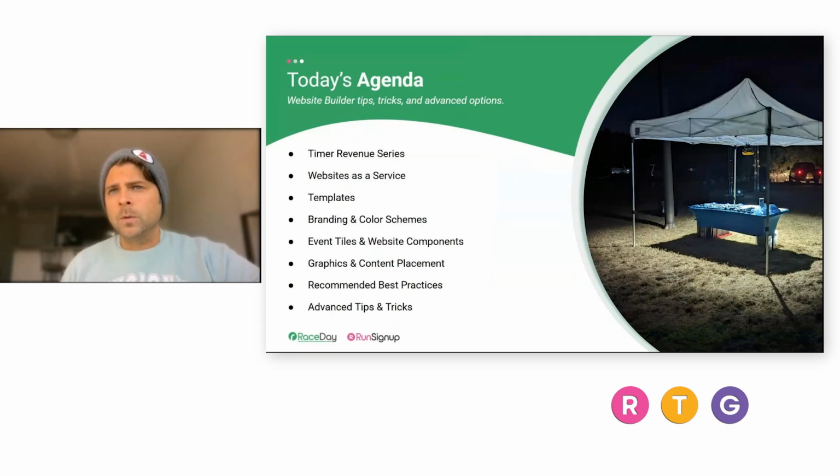For those of you who've been with RunSignup and in this ecosystem for a while, you will have seen it evolve from just the standard website to cover pages and now to Websites V2. With Websites V2, we have components coming out all the time with new features and new things that you can integrate. So by the time this is out, there may be a new one.